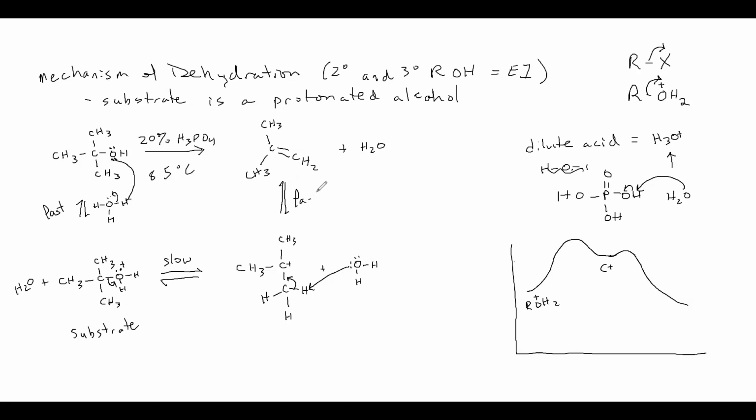Okay, and that is a fast process. And we're forming here, so I'm going to show an arrow coming out of this, hydronium, right? Water plus a proton is hydronium. So having the carbocation next to a carbon-hydrogen bond weakens this carbon-hydrogen bond enough that a weak base like water has no trouble abstracting a proton.